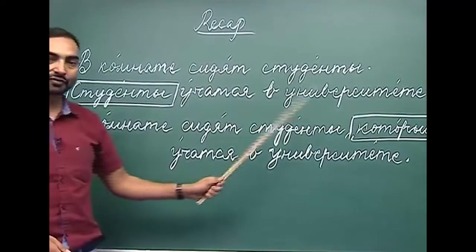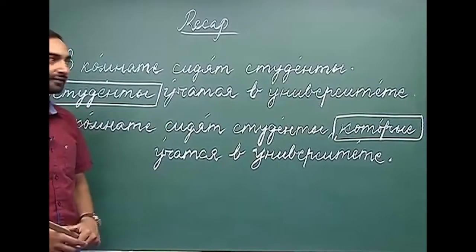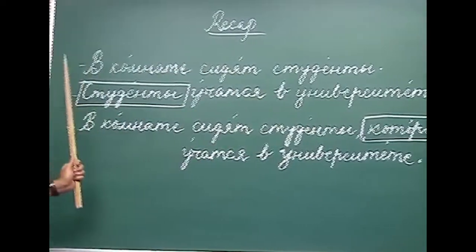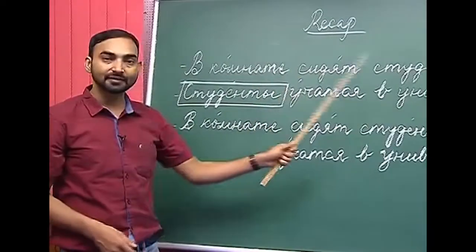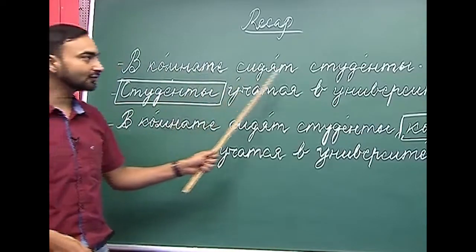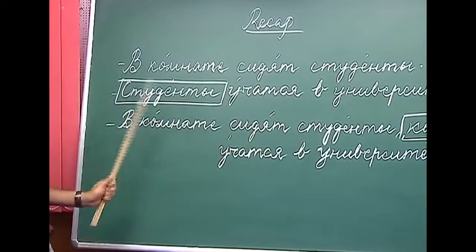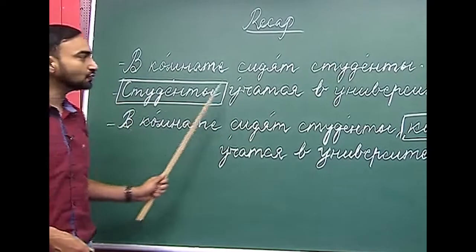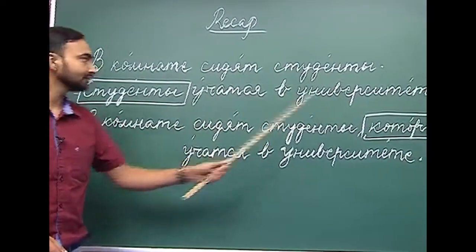And how do we use katori to join two sentences? Let us see. I have written here two sentences, simple sentences. Vkomnate sidyat studianti. The second sentence is studianti uchatsa universitete.